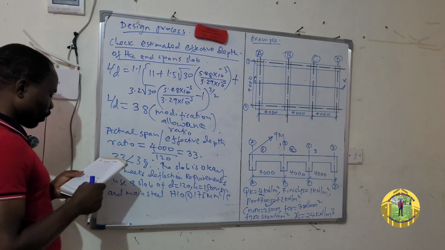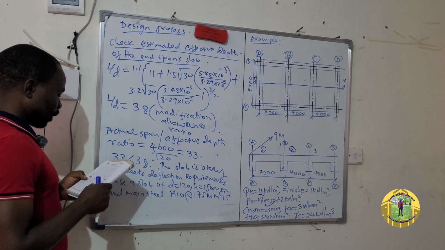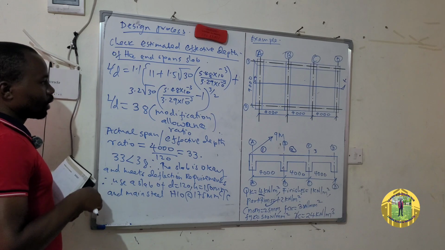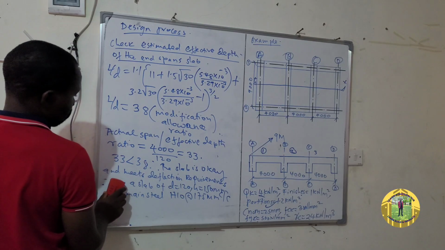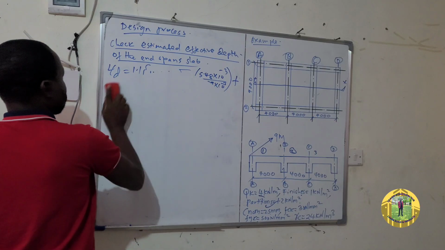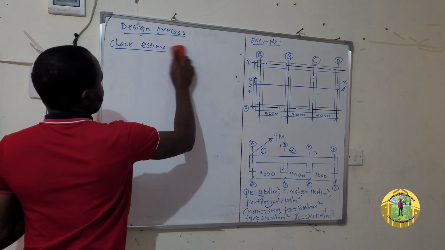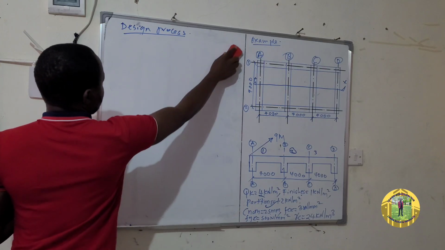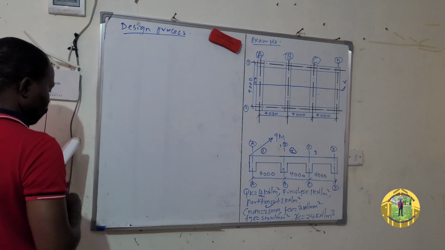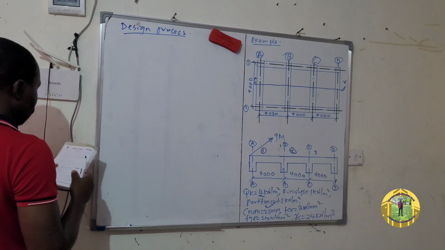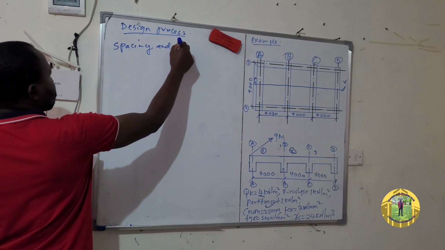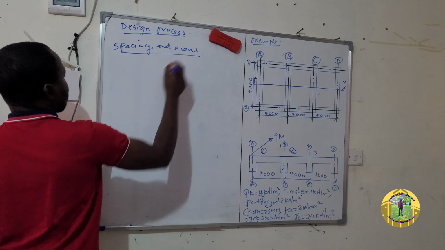Then from there, we'll proceed to check the spacing and areas, and then the secondary bars. So we now proceed to check for spacing and areas.